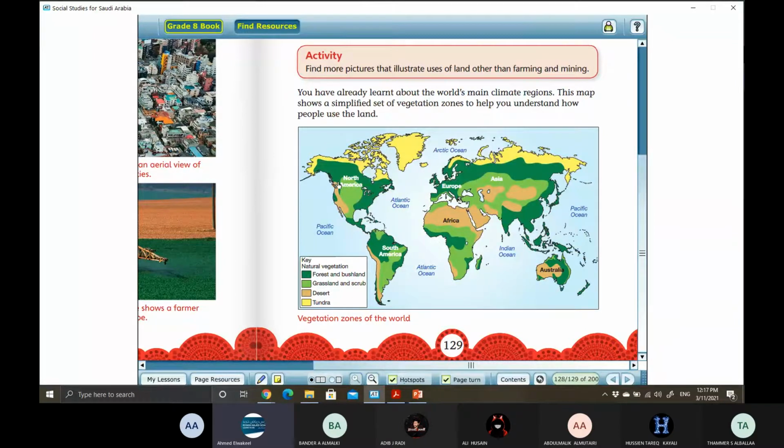The light green, you have the grassland and the scrub, and also they can be used for farming. And the pale brown, you have the desert, and of course the deserts are very infertile lands, so we cannot use them in the farming process. Also, the tundra region is totally frozen, so the land is frozen and there is no agriculture in it.